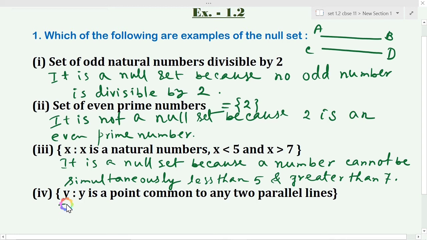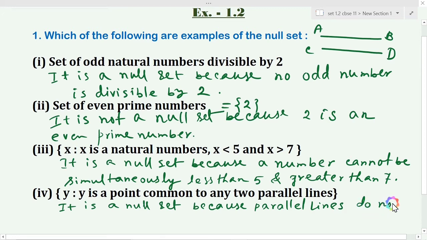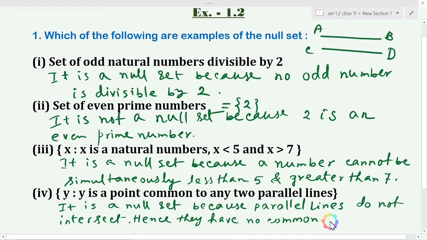So we can say it is a null set because parallel lines do not intersect, hence they have no common point.